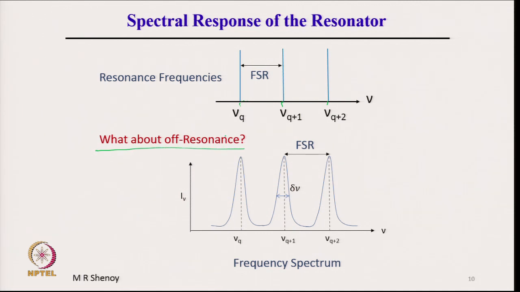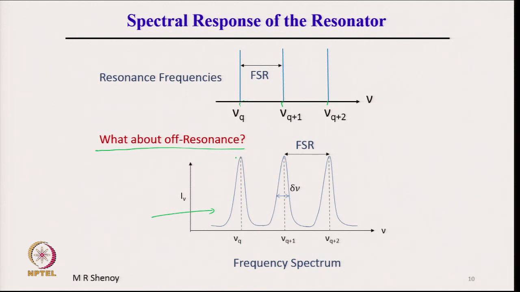This will be given by the complete spectral response of the resonator, which would look something like this. What is plotted is intensity versus frequency inside the resonator. At the resonance frequencies, the intensities will be maximum because they are perfectly building up at those frequencies.